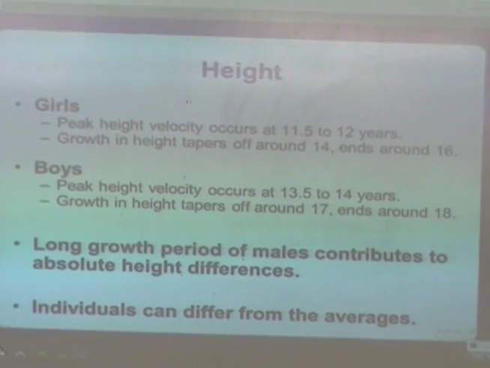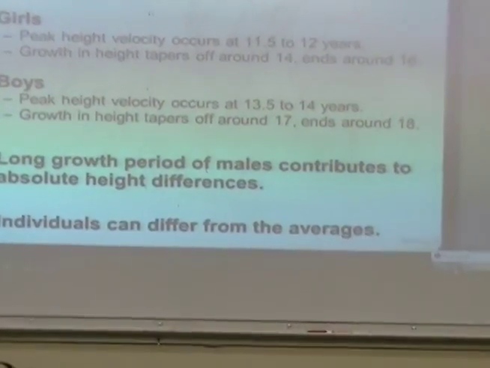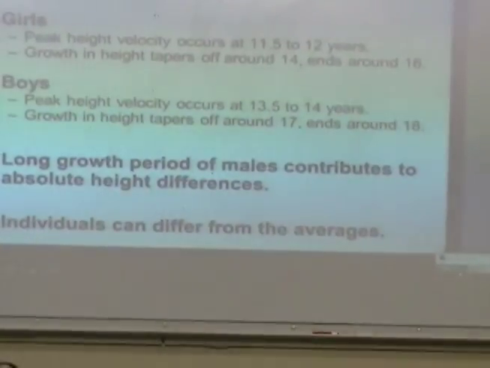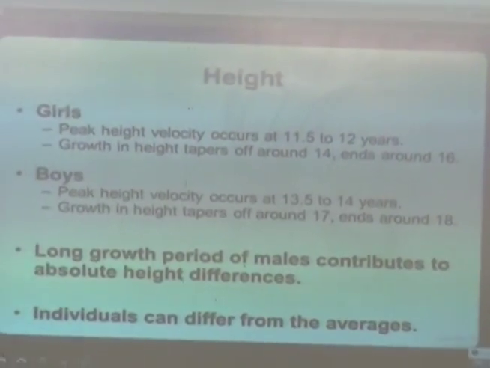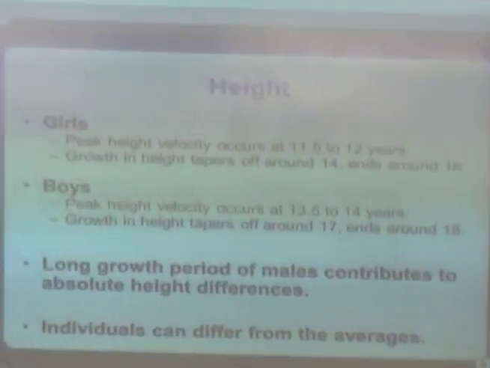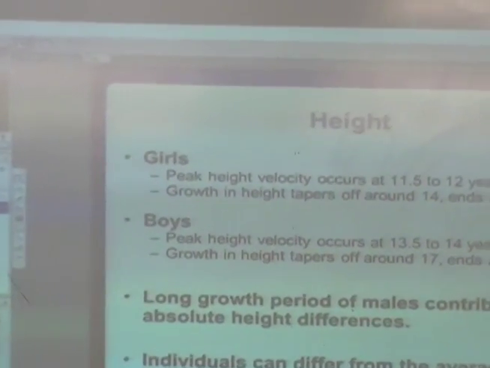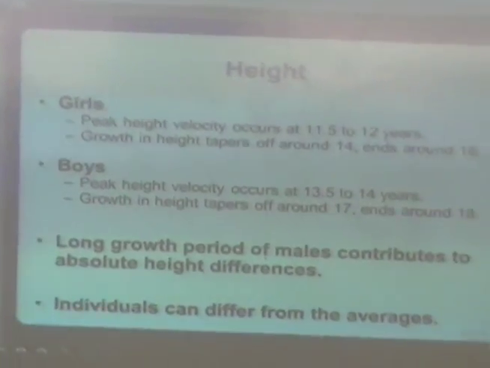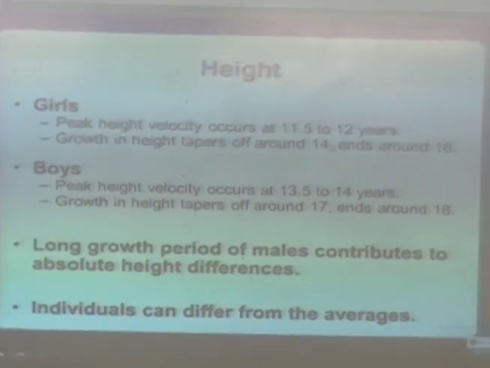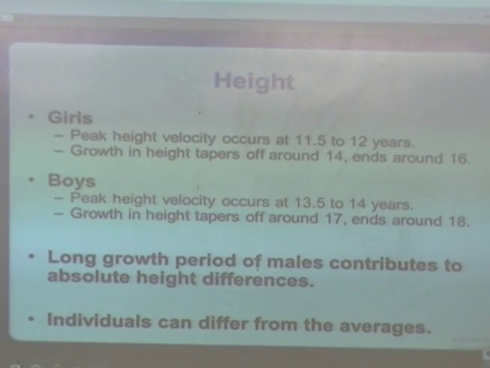The boys are going to be growing their fastest, and their height tapers off around 17, 18. My younger brother was still growing when he finished his undergrad at 21. So I think he continued to grow for another year. As I said, this is an average picture, not a specific person.